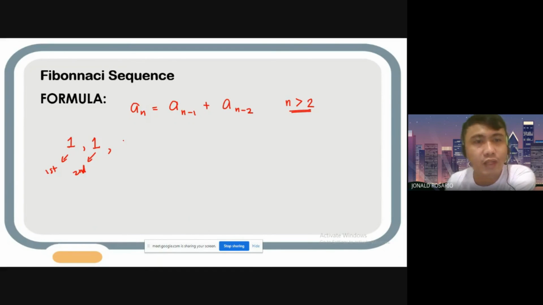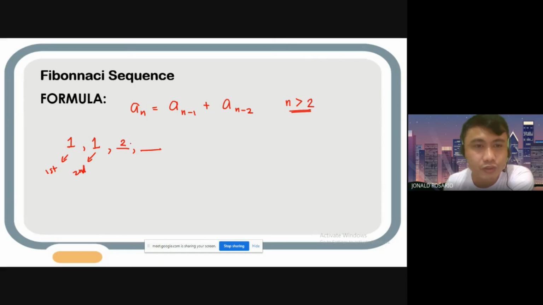And according to the definition of Fibonacci sequence, you can get or find the value of the succeeding term by adding the two preceding terms. So para makuha itong susunod, 1 plus 1. That's 2.